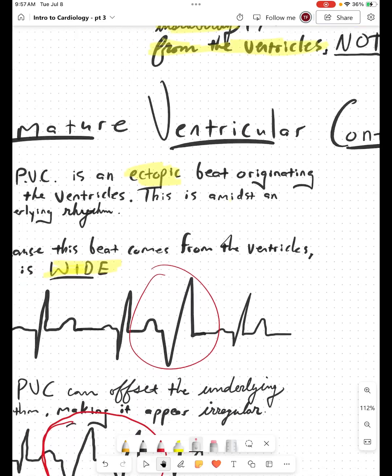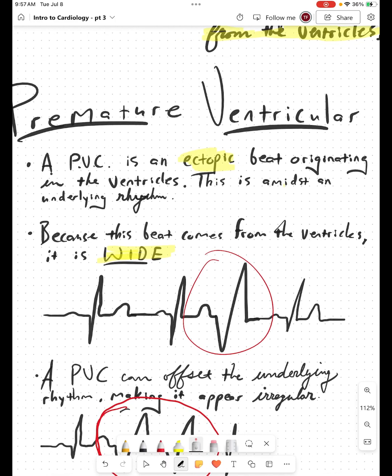So here we have a sinus rhythm. We have a nice P wave, a narrow QRS, a T wave, P, QRS, T, and then we have this wide, big QRS. See how much wider this is than this?